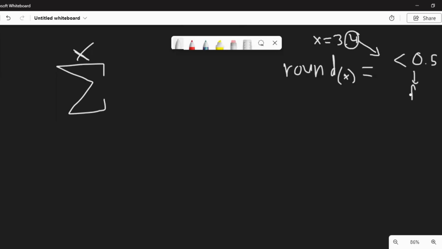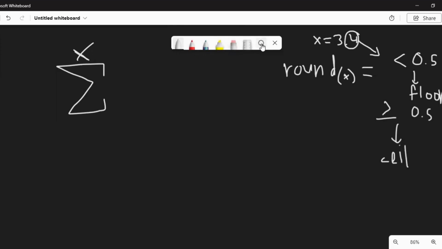So it's one function using two other functions that we're trying to define here, but don't worry, we'll get them. So you just find the floor, and if it is greater than or equal to 0.5, it finds the ceiling. I apologize for the bad handwriting again.